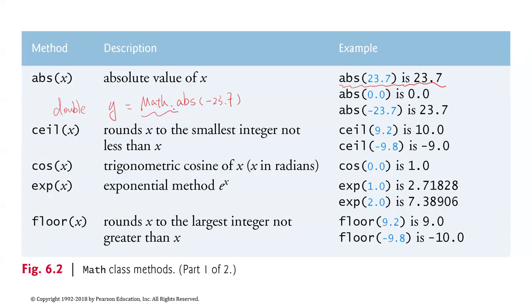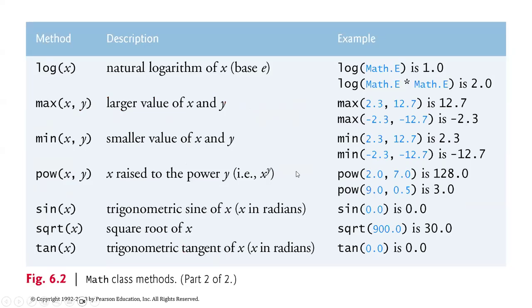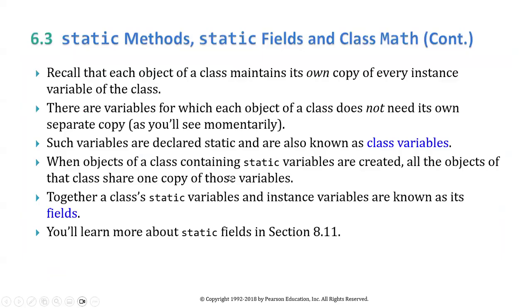We do not need to create a Math instance. We just call Math directly, and then the printout is y is equal to 23.7. For the other methods, ceiling, cosine, exponential, floor, we use the same way to invoke the static method. And this is for log, max, min, power, sine, square root, and tangent.